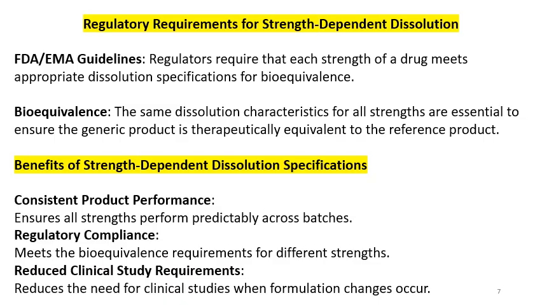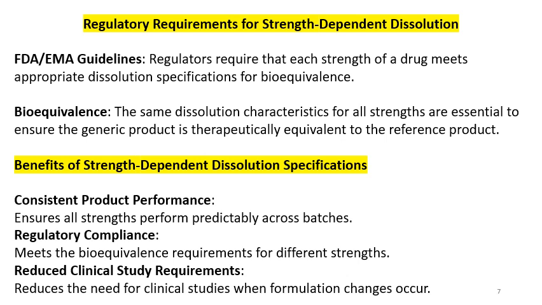Regulatory requirements for strength dependent dissolution. The regulatory bodies like FDA, EMA and other guidelines provide the regulations. Regulators require that each strength of the drug meet an appropriate dissolution specification for bioequivalence. You cannot give the same specification across all the strengths.